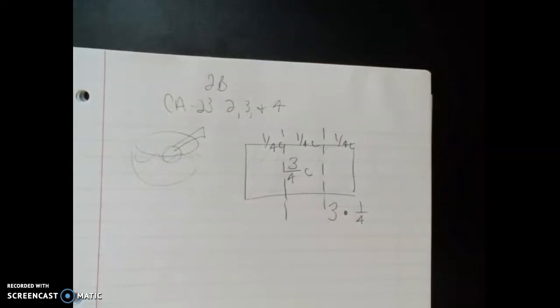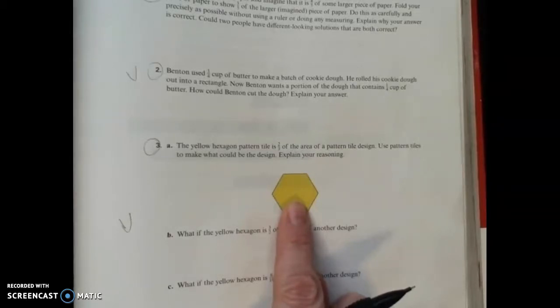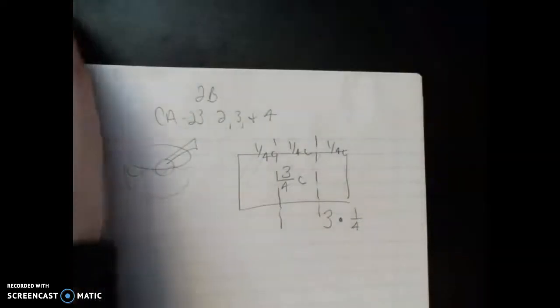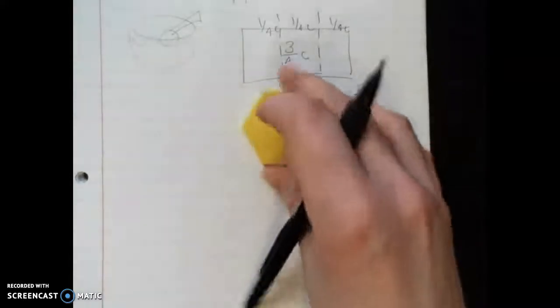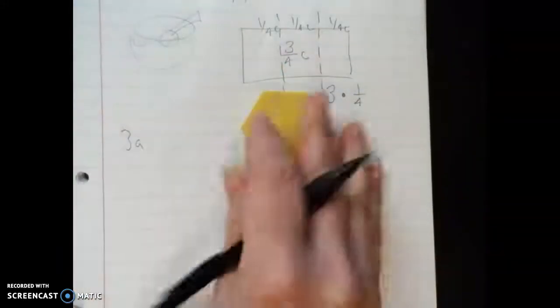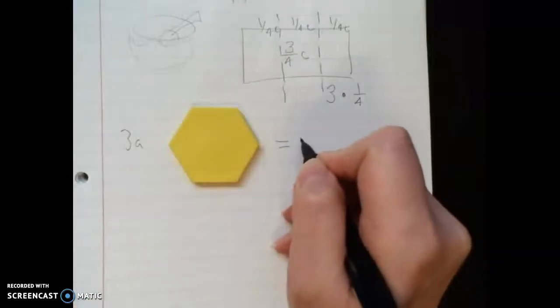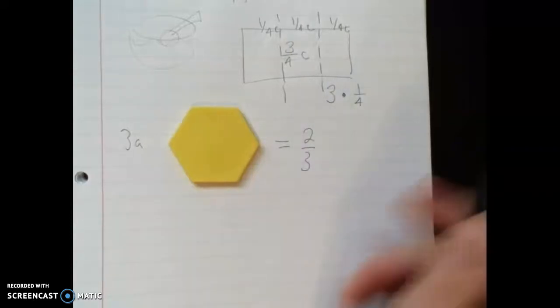All right, let's look at number 3 for A. It says the yellow hexagon tile is 2/3 of a bigger area. Use pattern tiles to make what could be the design. Explain your reasoning. So in this problem, we're saying that this guy is equal to 2/3, and again, it's an area model.